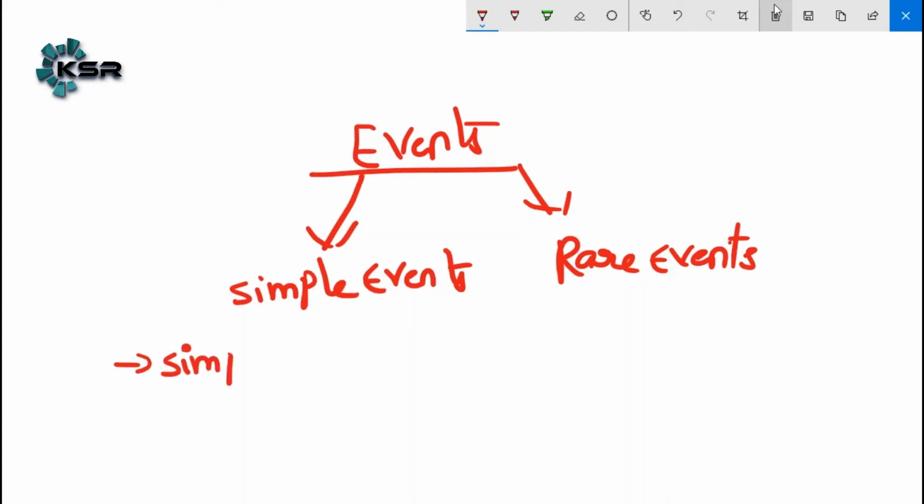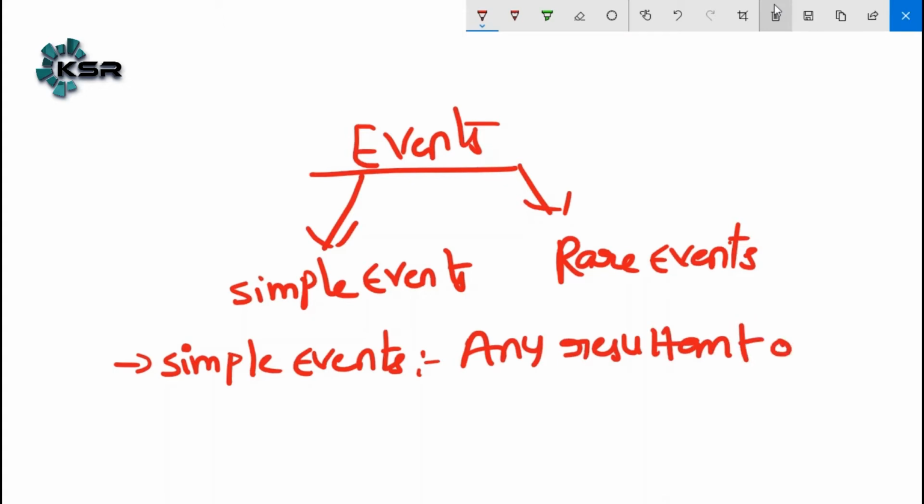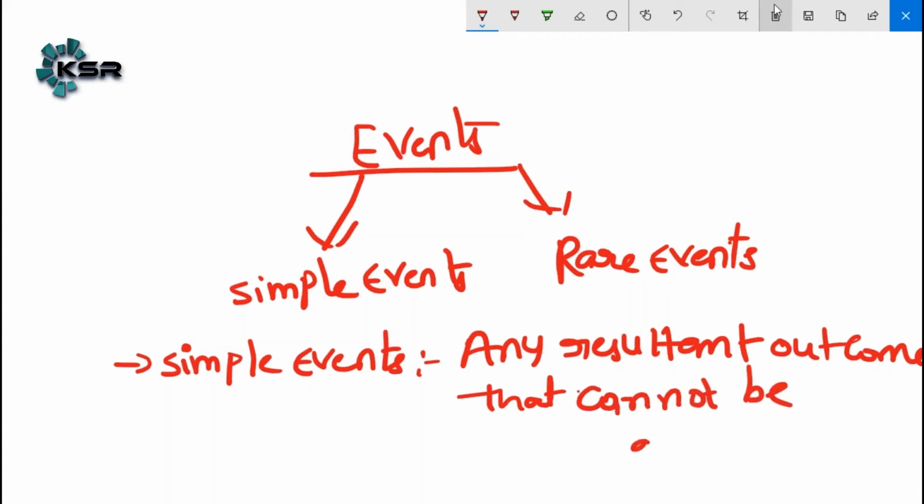Simple event means any resultant outcome that cannot be broken down further. Those are called simple events. For example, if you toss a coin, what are the possibilities you are going to get?